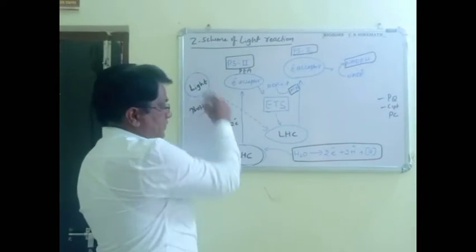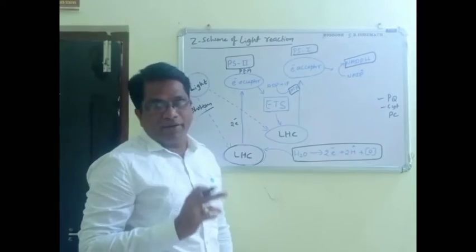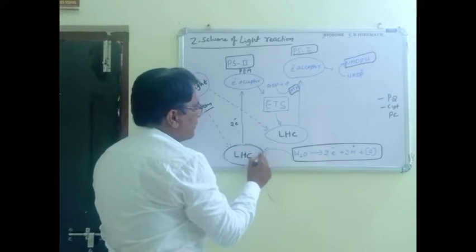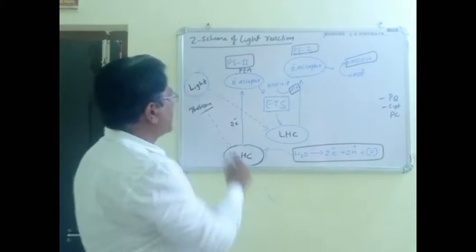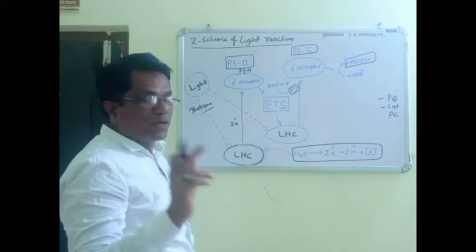Dear students, this PS2 is a pigment system complex consisting of several chlorophyll pigments and one molecule of reaction center, and this is the PS1 complex, that is pigment system 1 complex.